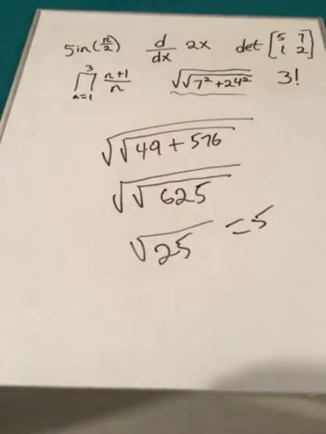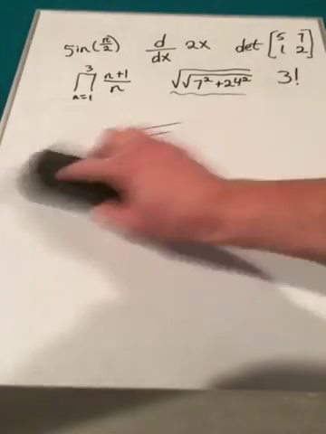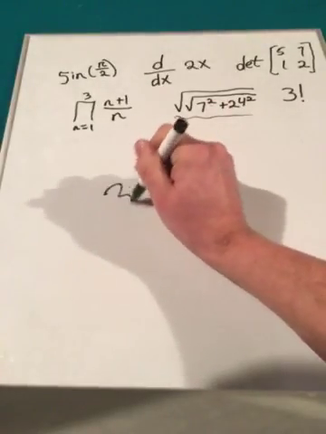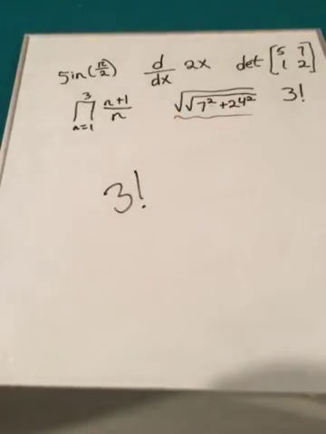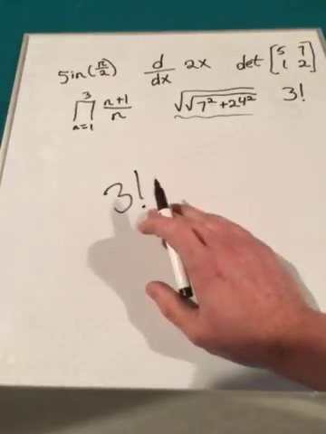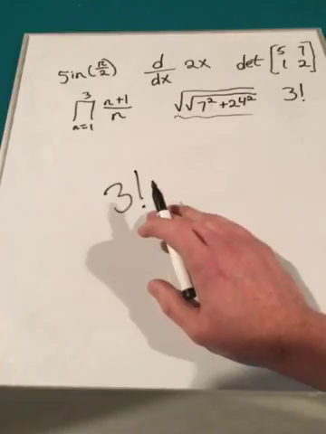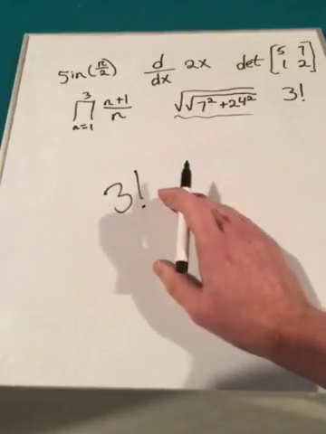And how about the number 6? Well, I say 6 can just be a really excited 3. 3 exclamation point. This exclamation point is actually a factorial. What does a factorial mean?